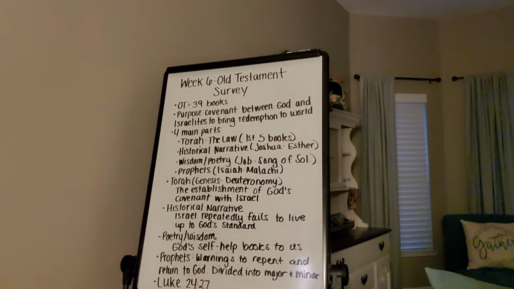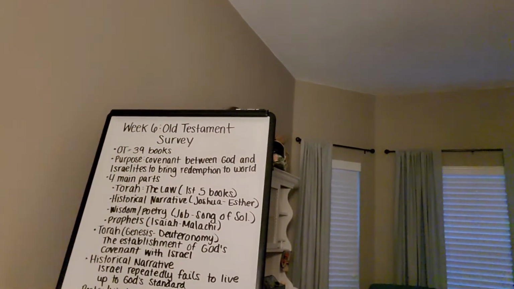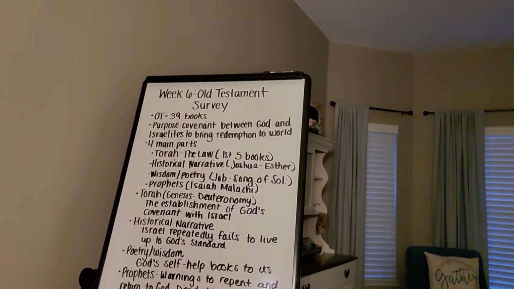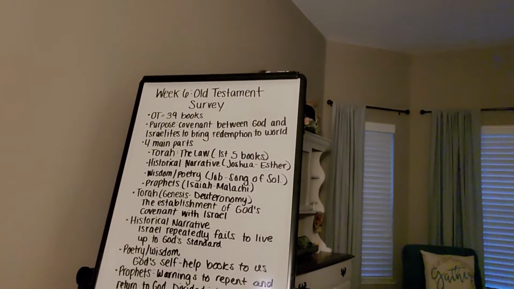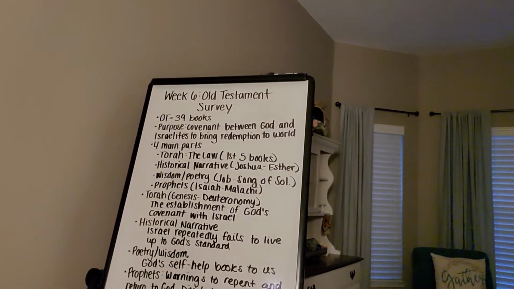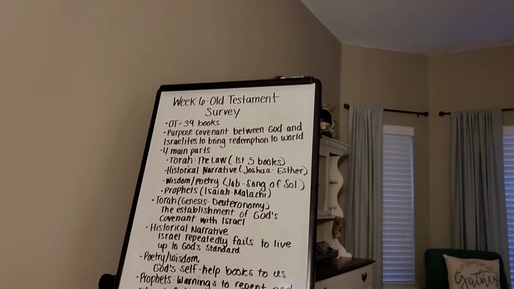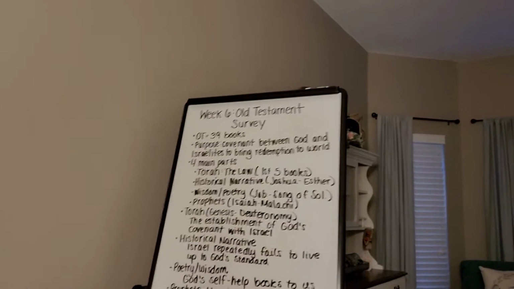It's the covenant between God and the Israelites to bring redemption into the world. So it's going to show us how we got here on this planet, and then it's going to introduce us to God and his promise for redemption.